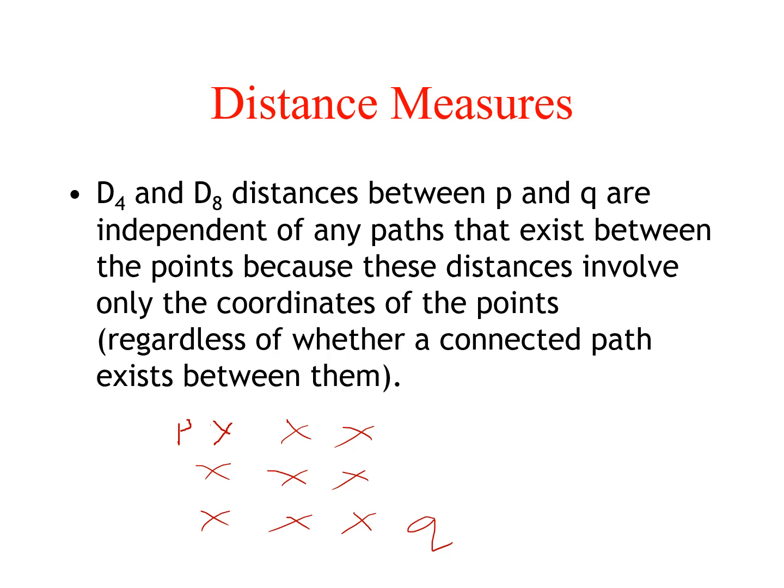Why? Because if you see the formula, you are just considering the coordinates of P and Q. We are not considering the values or any other criteria for other pixels to calculate D4 and D8 distance.